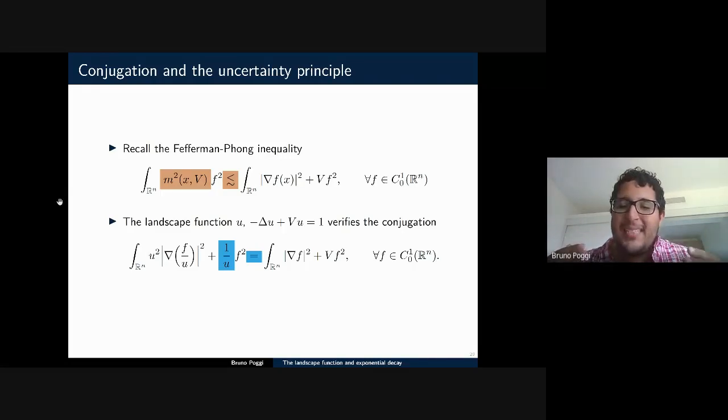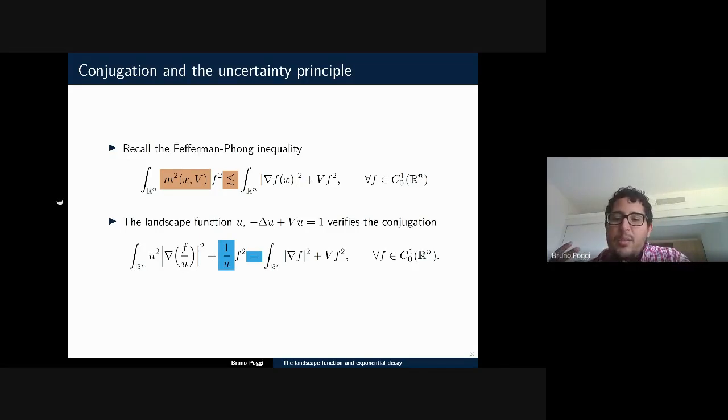In some sense, it is like the best possible uncertainty principle, because if you throw away the very first term in this equation, since it is positive, then this gives you an uncertainty principle.